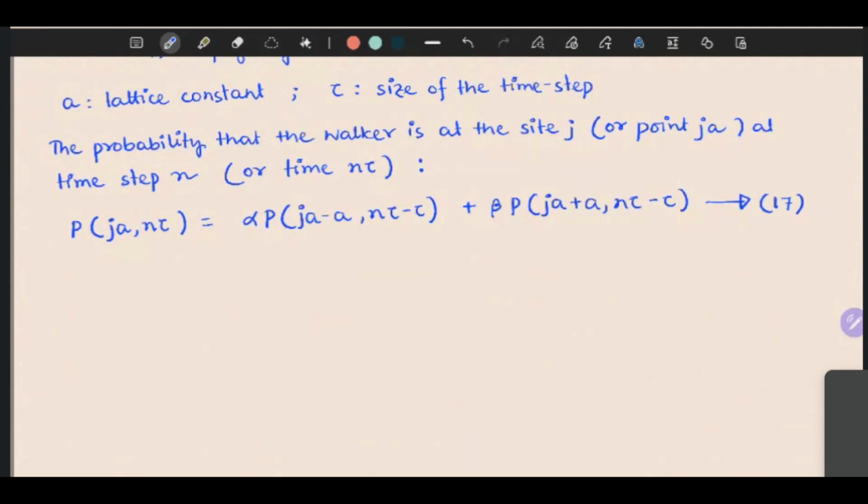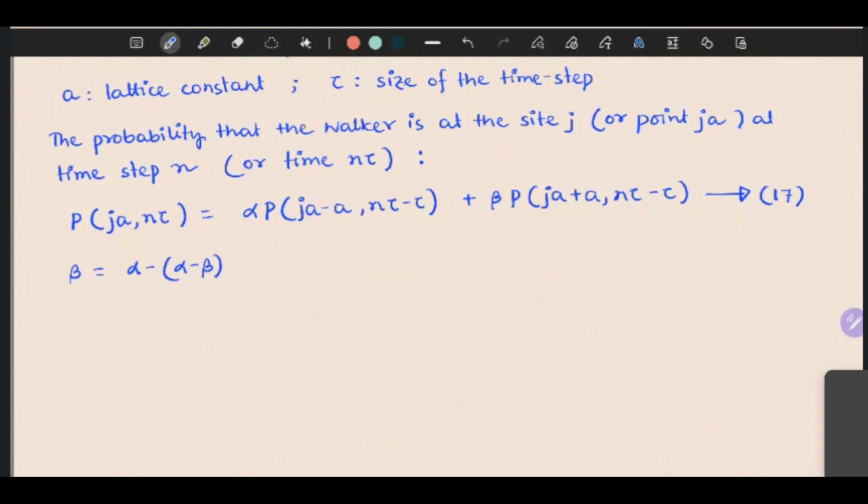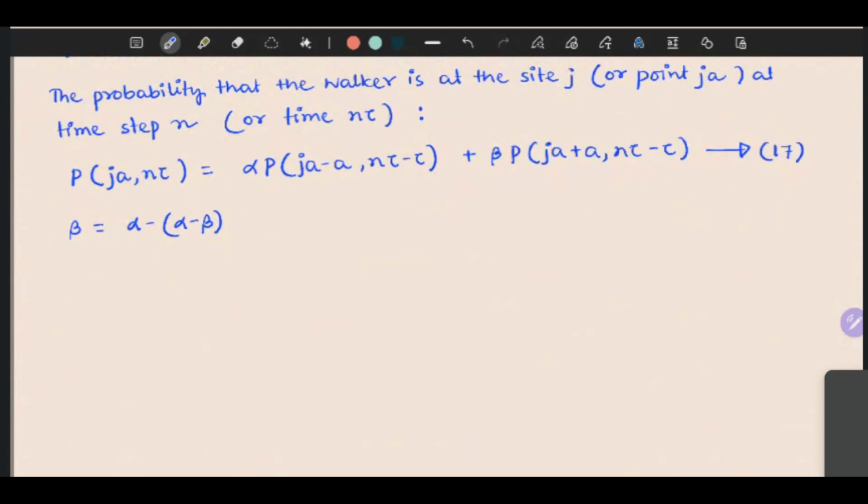Now we can write beta as alpha minus beta, so this will be beta of alpha minus beta.